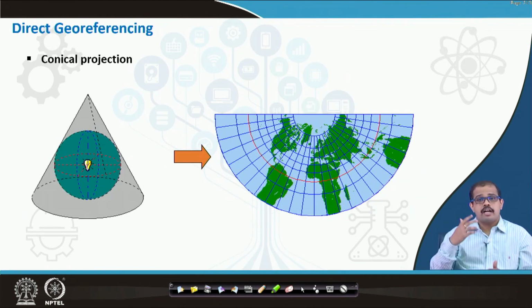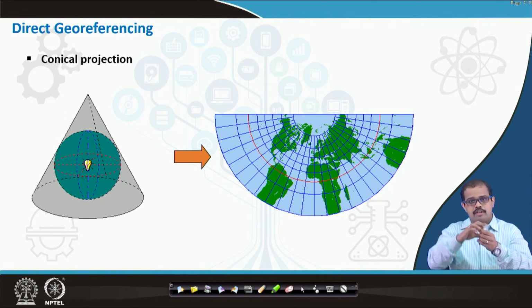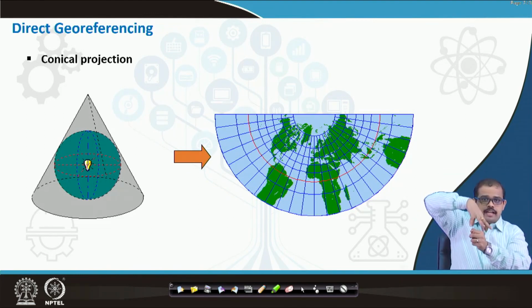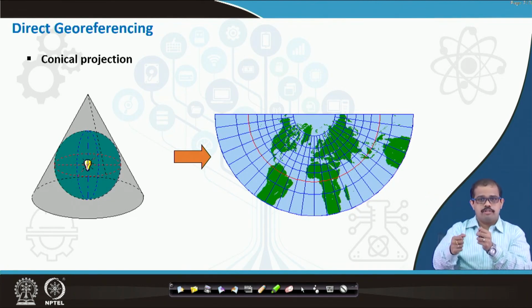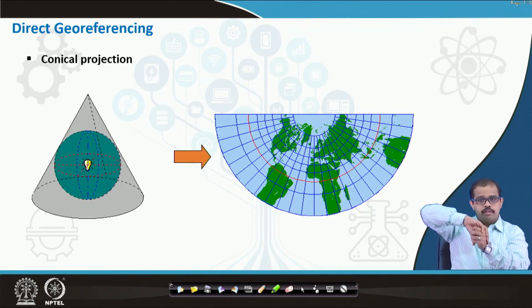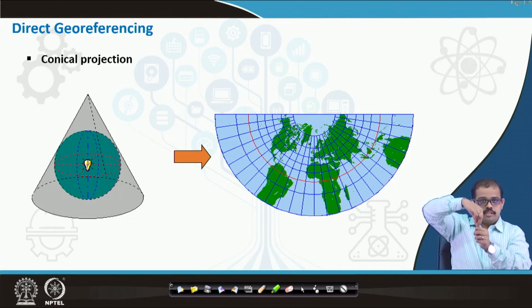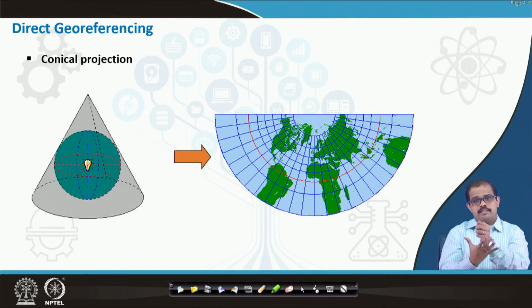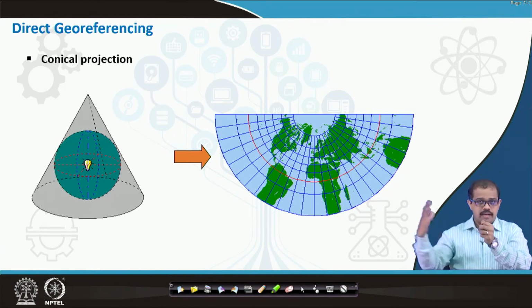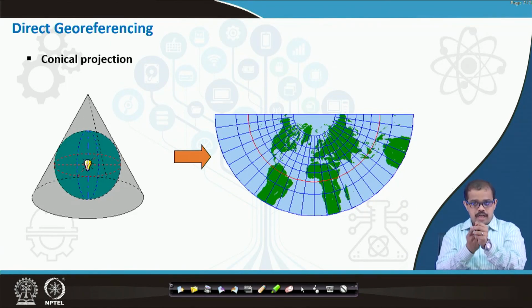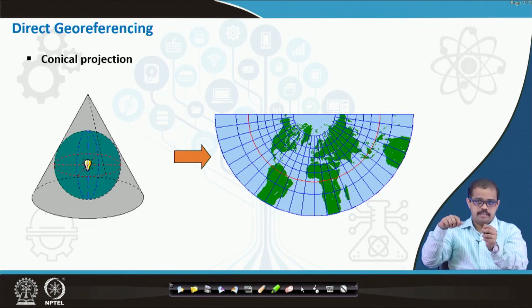And when you look at a conical projection, you have your earth surface like this, then you put a cone like this. Normally you know about your ice cream cones, right? When you put a cone on this, the sharp tip is here, and the bottom is the widest part. Now I have a light beaming like this, and I open up the entire space.